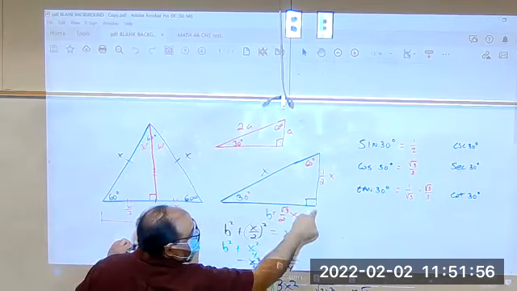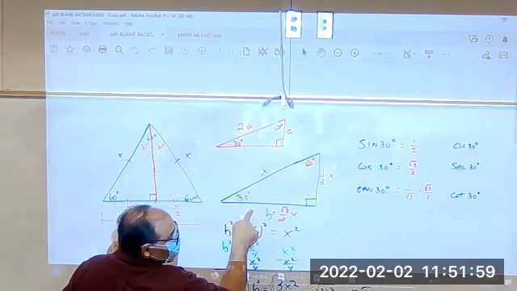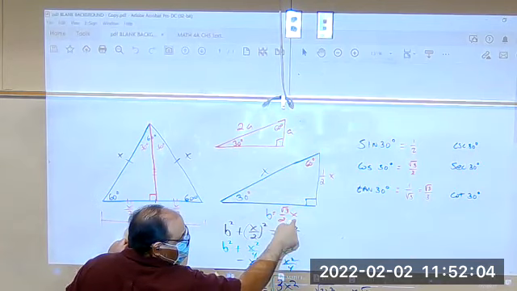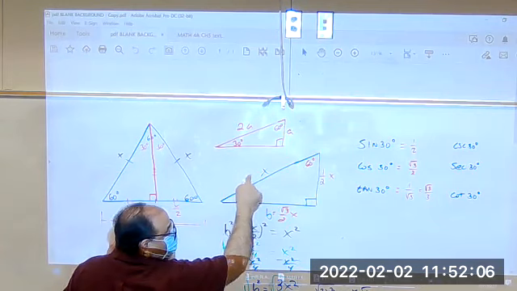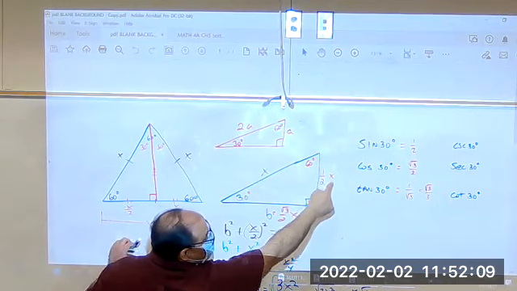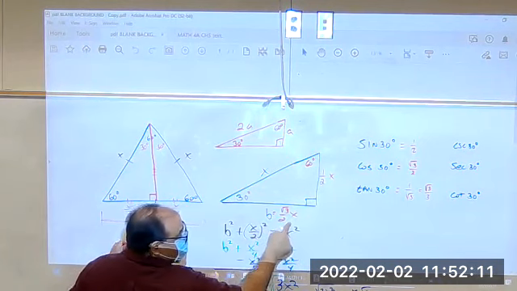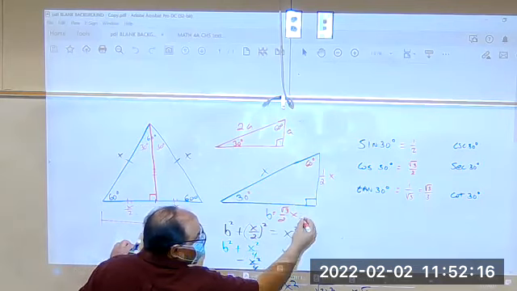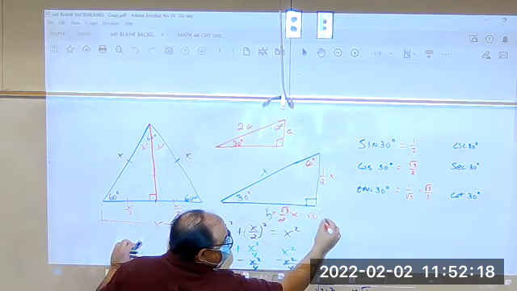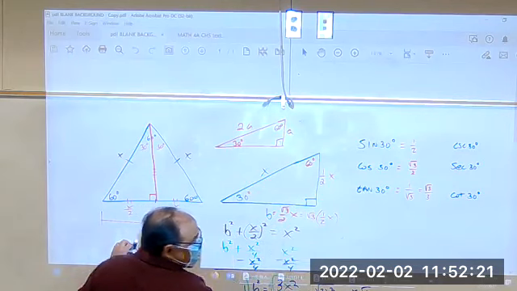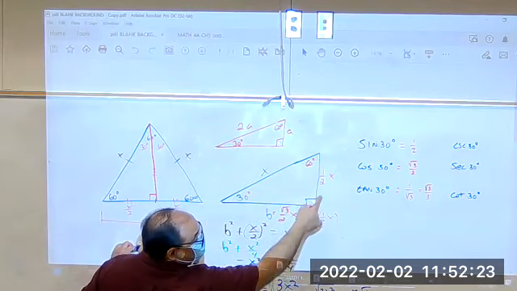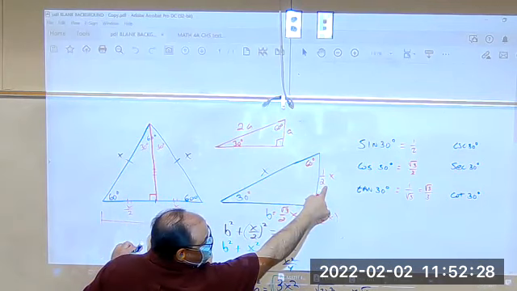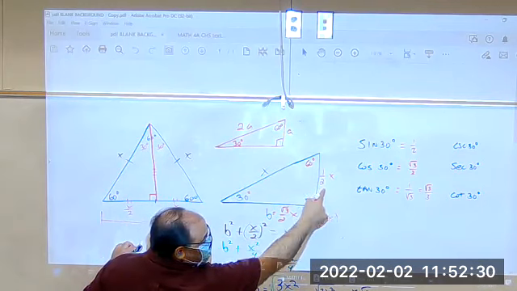The long leg, opposite 60 degrees, is square root 3 over 2 times x, times the hypotenuse. That's square root 3 times 1/2 x. This can be written as square root of 3 times a 1/2 x. It's square root 3 times that short leg. It's just square root 3 bigger.